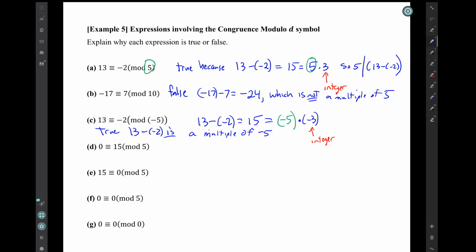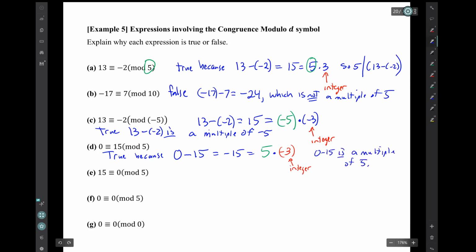What about question D? Is that true or false? Well, we have to investigate the difference. We can see that this is true. So 0 minus 15 is a multiple of 5. Now what about this one? Well, we have to investigate 15 minus 0.